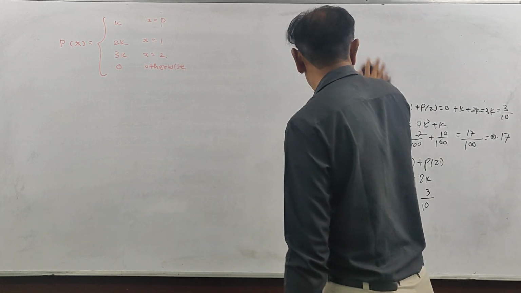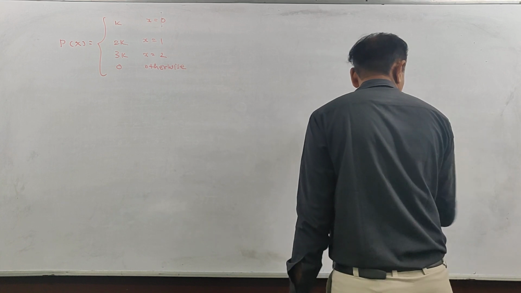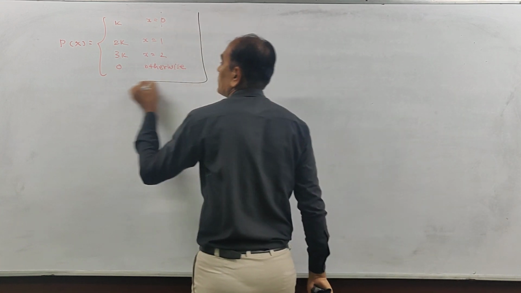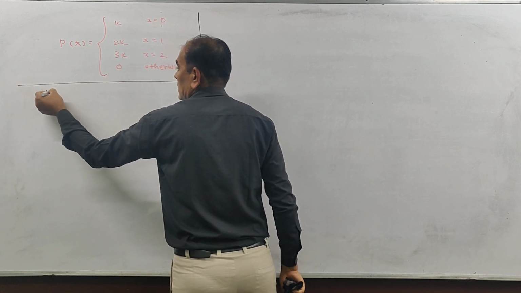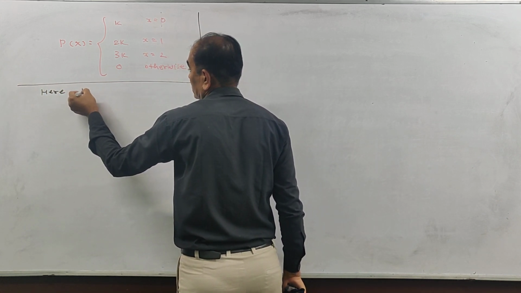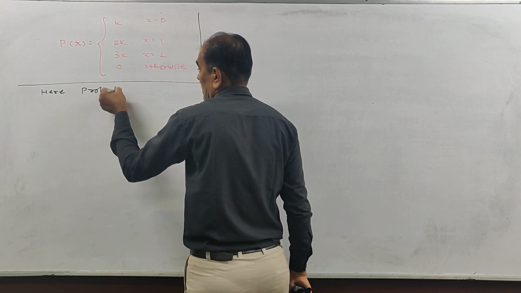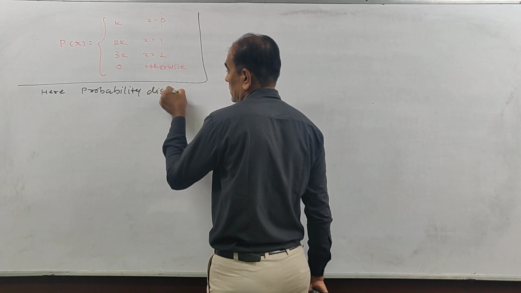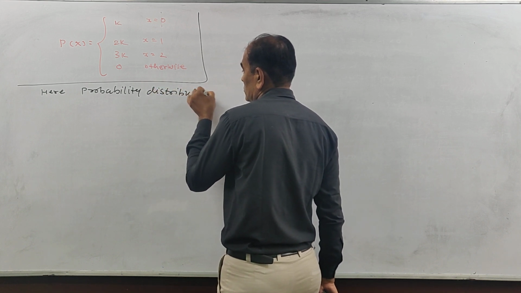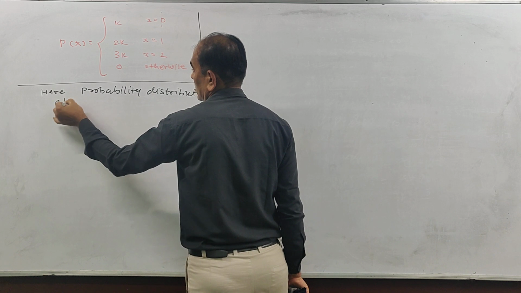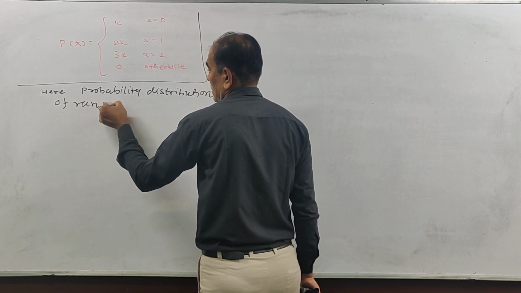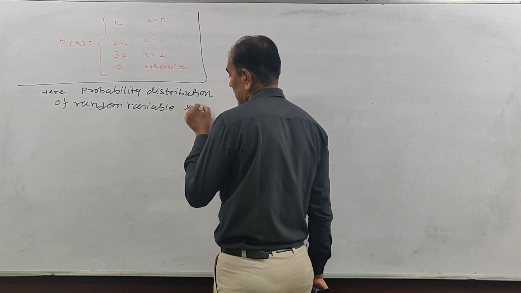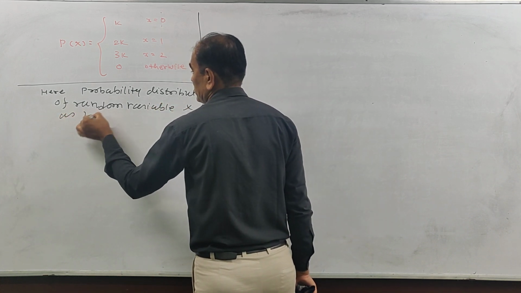Here, see, it is given in functional form. So let us write it in tabular form. Here, the probability distribution of random variable X is as follows.